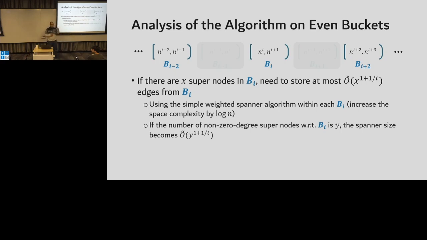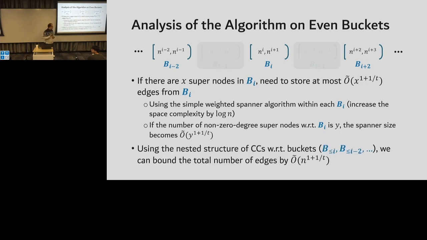So we'll have some progress depending on the amount of space that B_i is going to use. That's some technicality here, but if you write down the formula, you can show that overall the number of edges would be order of n to the 1 plus 1 over t.